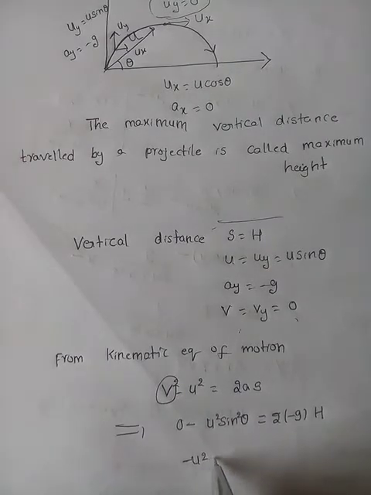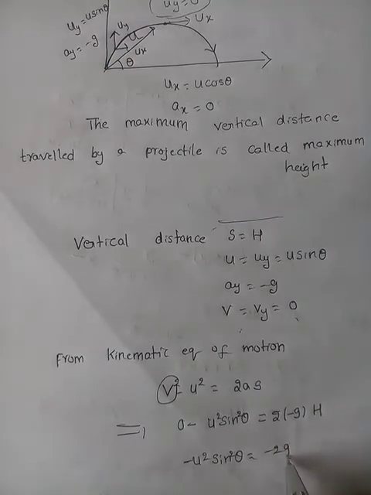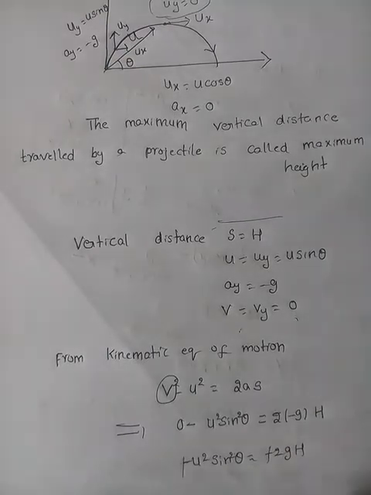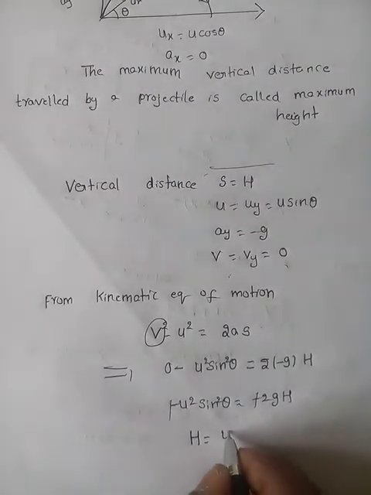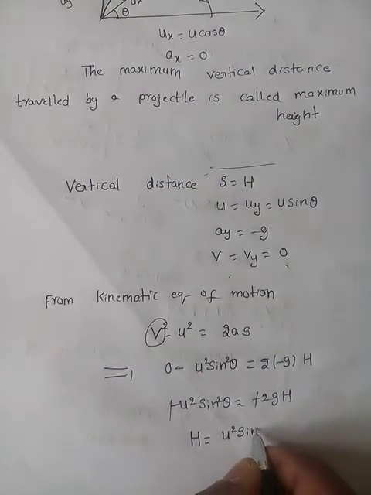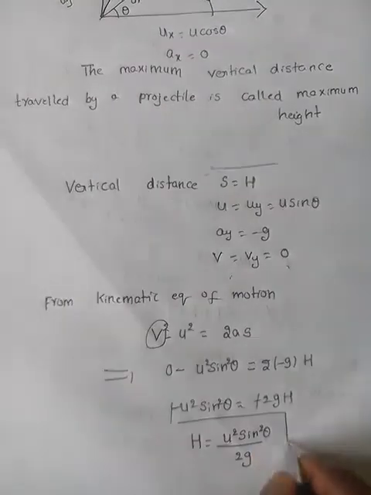Now we get minus u square sin square theta equal to minus 2gh, minus minus cancel. What do you get? h is equal to u square sin square theta by 2g.